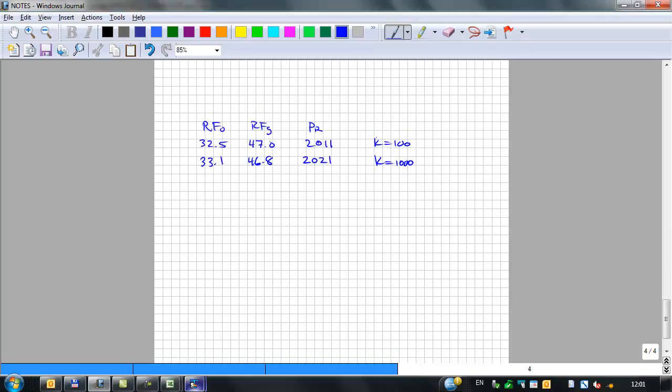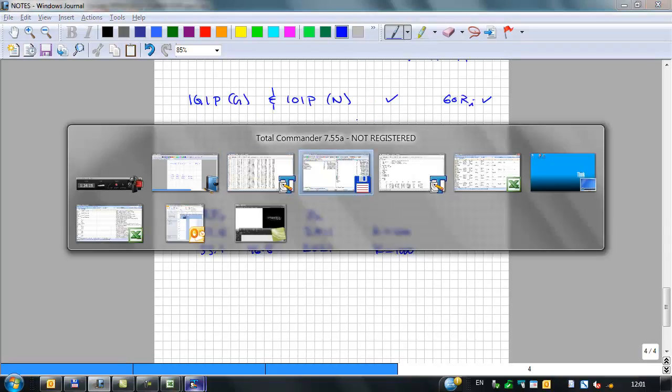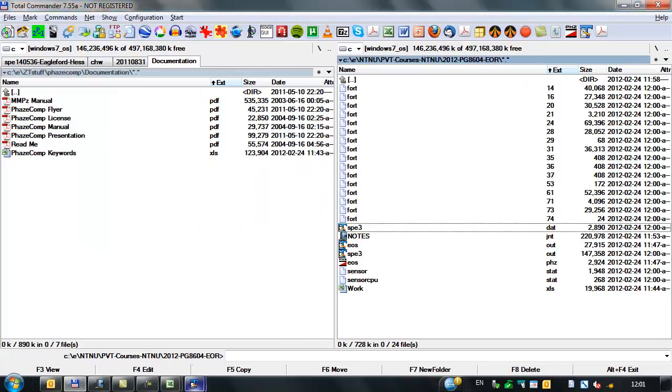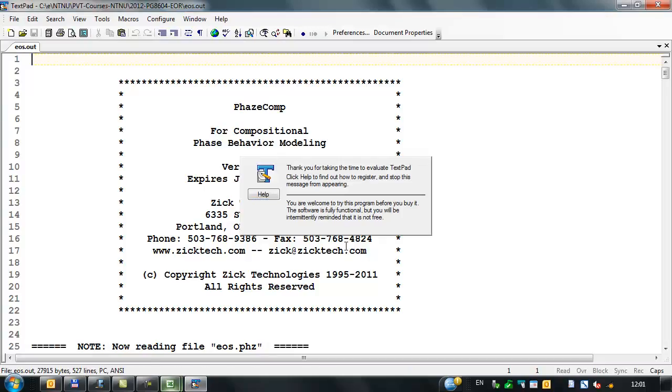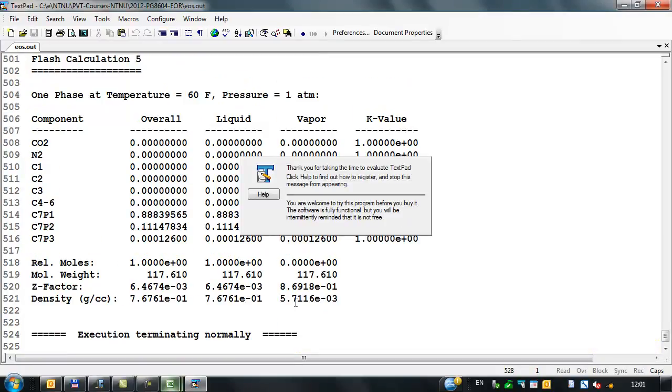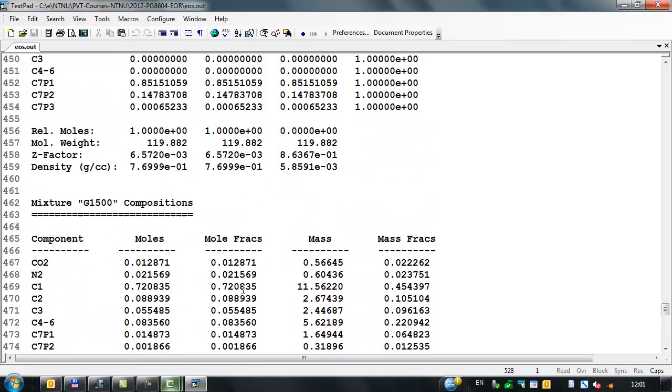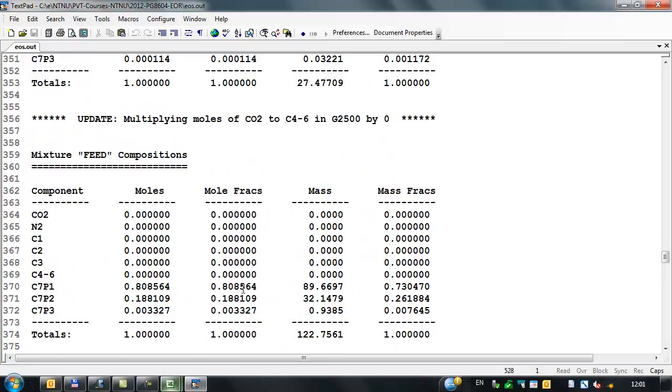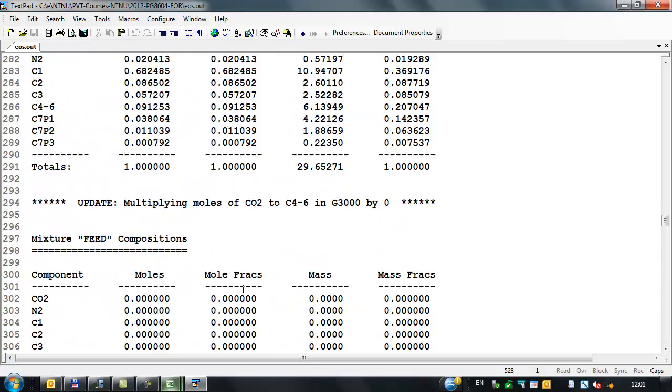Then what we need to do is take the EOS out results and process those into recovery factor. We've got a little bit on this density of stock tank oil changing, but not too much.